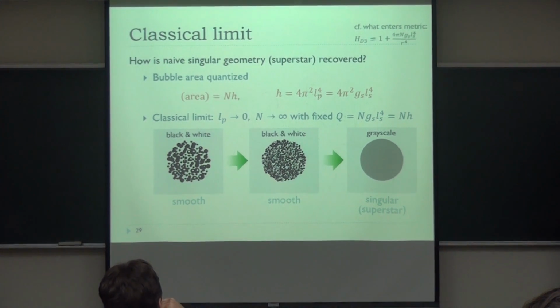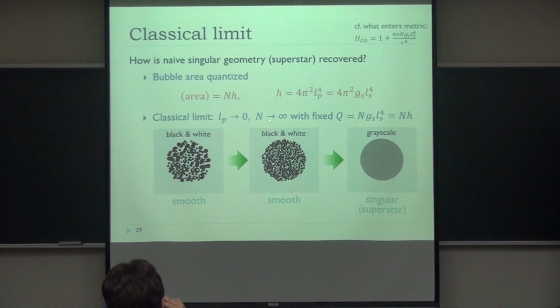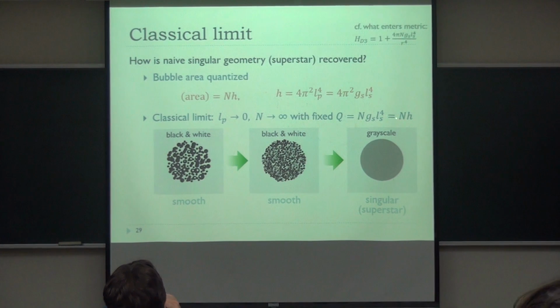And when you take the classical limit, that corresponds to sending L Planck to 0 and n to infinity with fixed q, where q is defined to be this combination, which is just nh. So the area should be finite, but you're sending L_P to 0 and n to infinity.